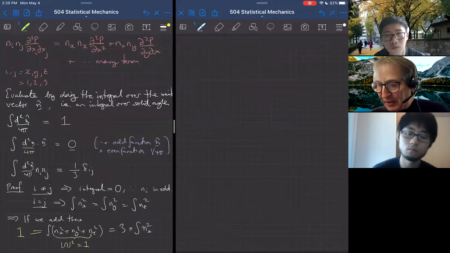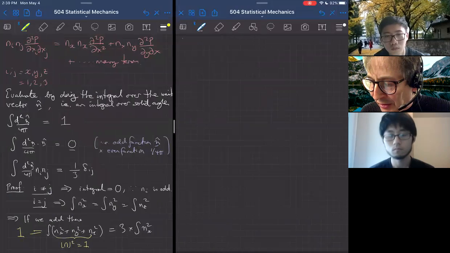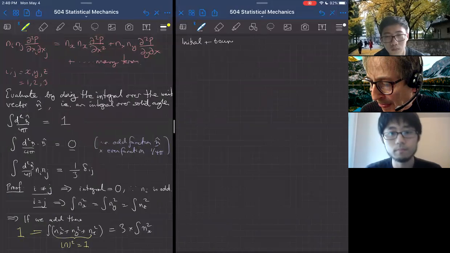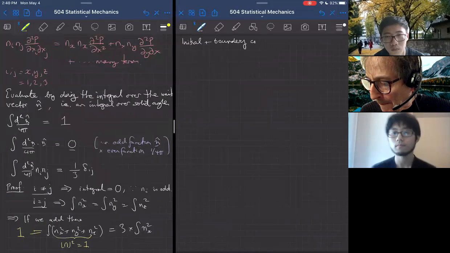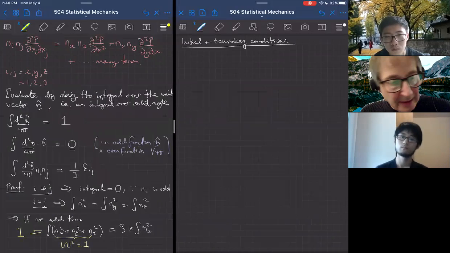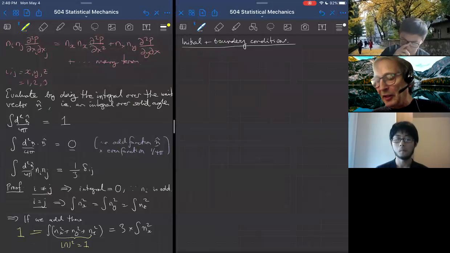In order to solve it, we need some initial and boundary conditions. Initially, we know that the particle is at the origin.